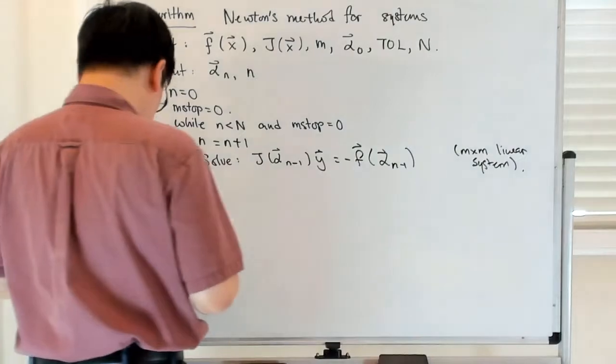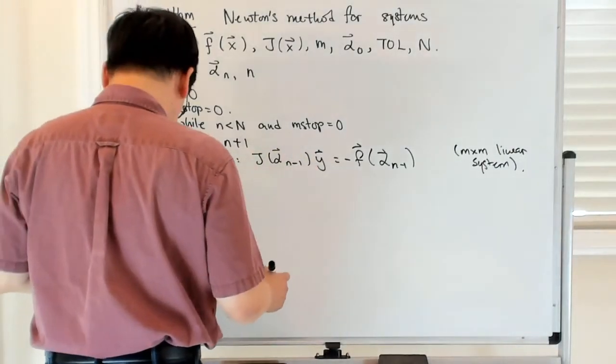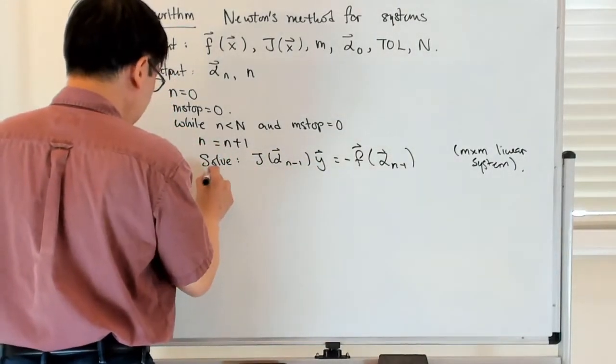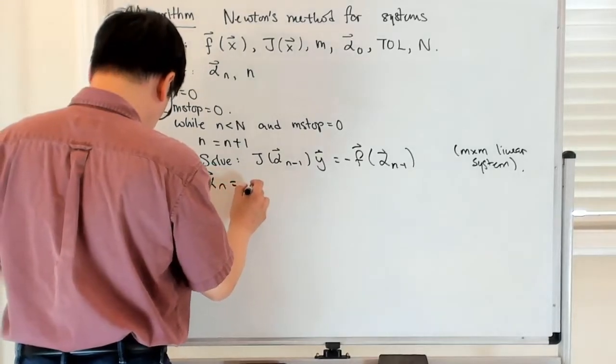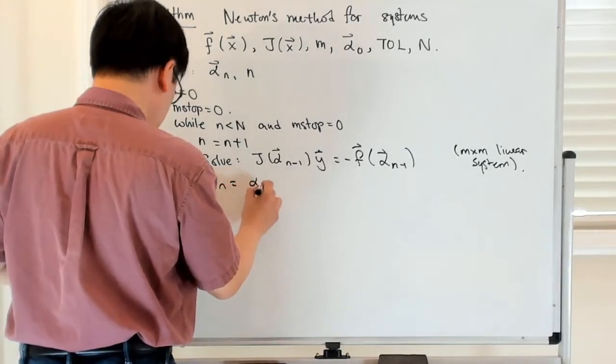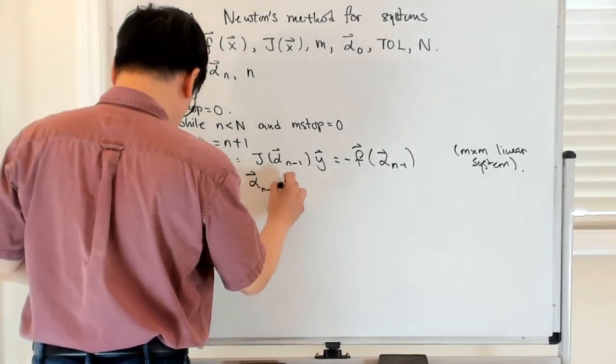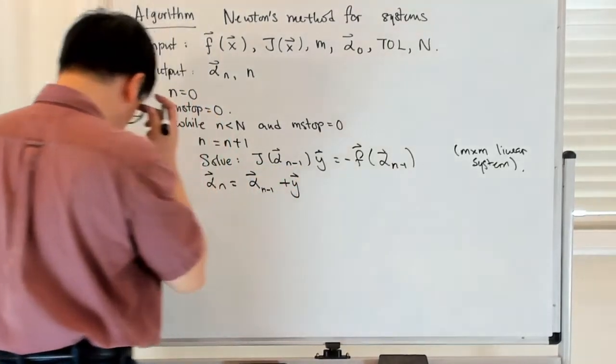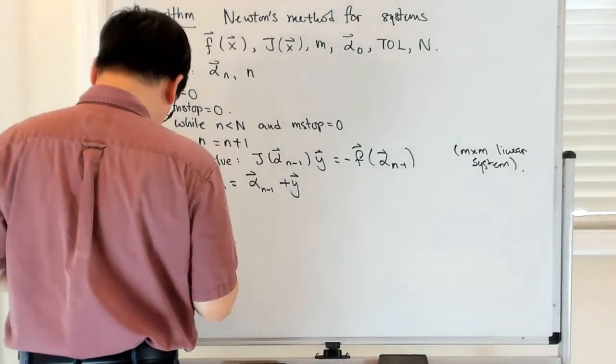Okay. All right. So once you've solved for y, then alpha n is equal to alpha n minus 1 plus y. And then I can check whether to terminate.